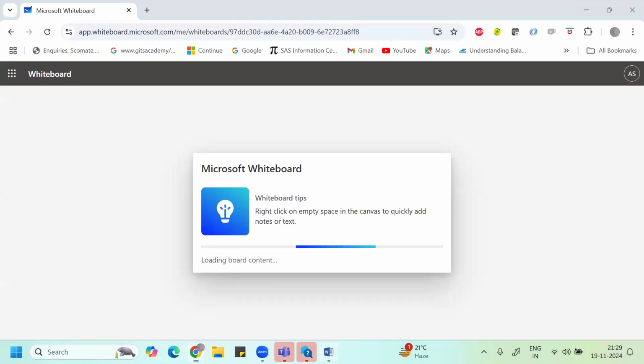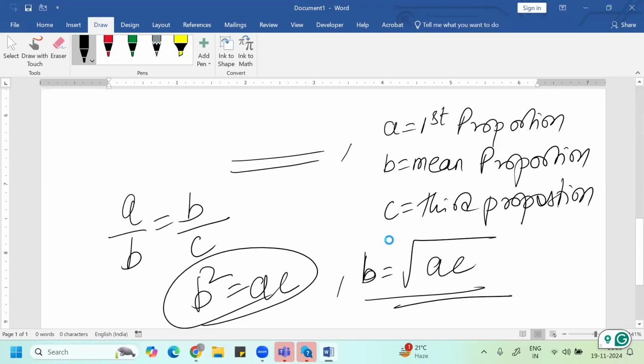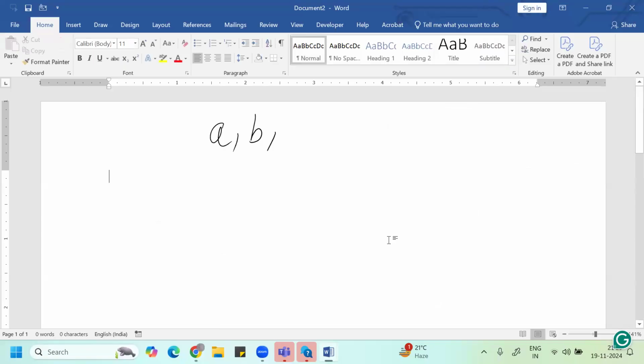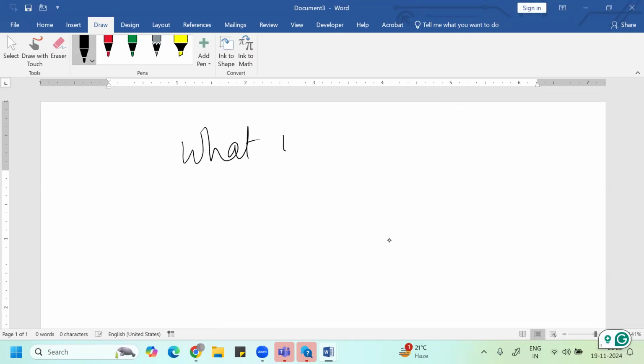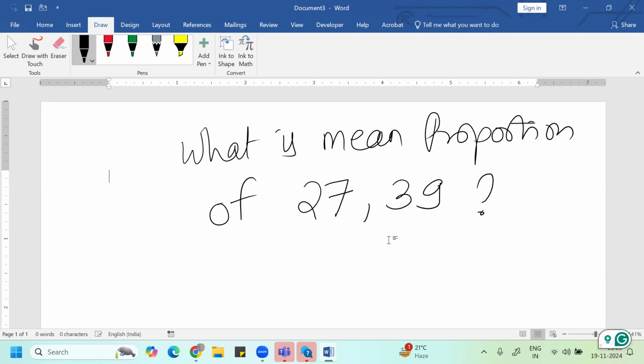So suppose I'm asking you the mean proportion of some number. If I randomly write any numbers and ask you, what is the mean proportion of 27 and 39?